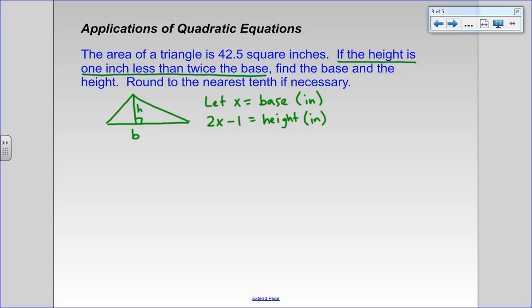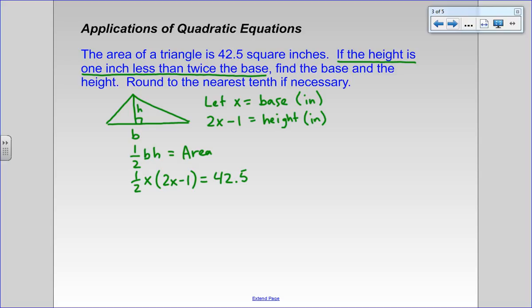To calculate the area of a triangle, remember, we multiply 1/2 times the base times the height. We can use this to translate the problem into an equation. 1/2 times x times the quantity 2x minus 1 equals the area, which is 42.5 square inches.